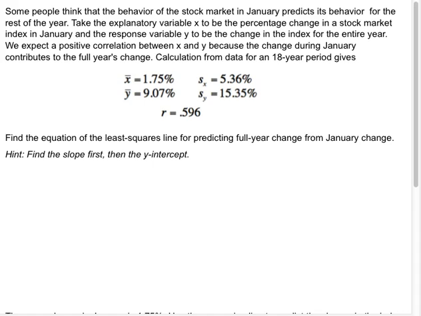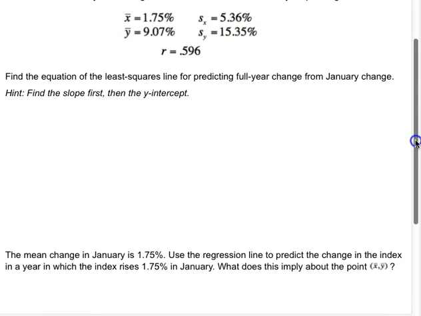Calculating the data for an 18-year period gives that. They wanted to find the equation of the least squares regression line. All right, so here I give you a little hint. They give us the mean and standard deviation and R. And they wanted to calculate the equation.